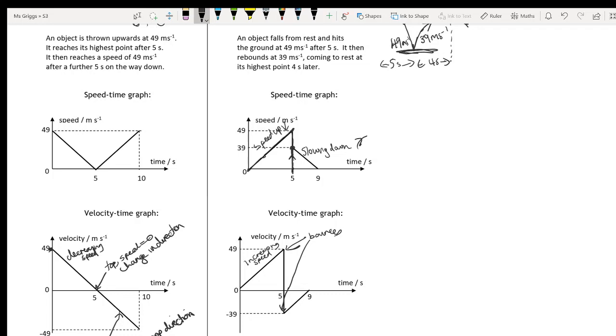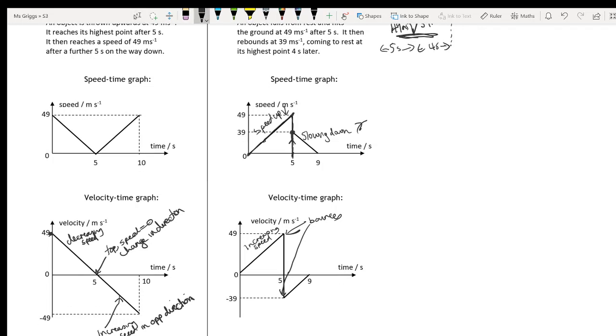And then it comes straight back up, but in the opposite direction. And it's travelling at 39 meters per second and then slowing down until it gets to its highest point again.